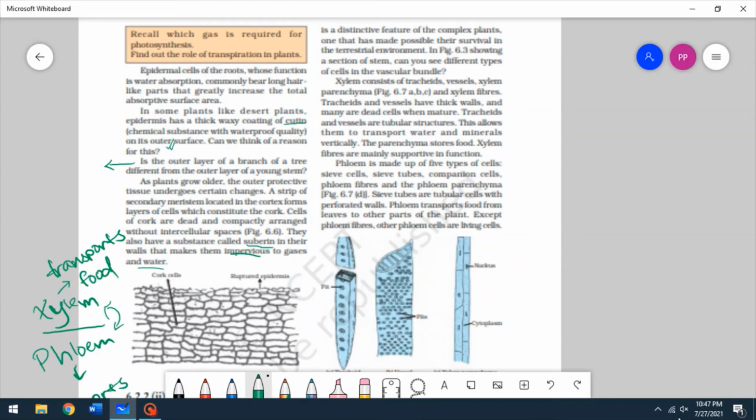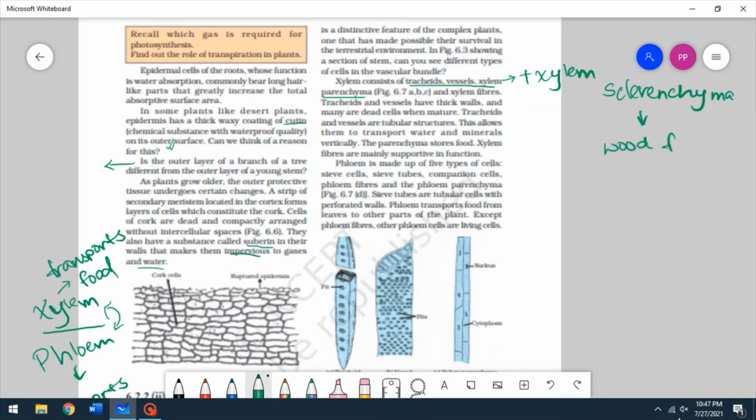Xylem consists of tracheids, vessels, xylem parenchyma, and I would like to add that it also has the xylem sclerenchyma. This will be helpful for competitive exams like NTSE and NEET. Xylem sclerenchyma is also known as wood fibers.